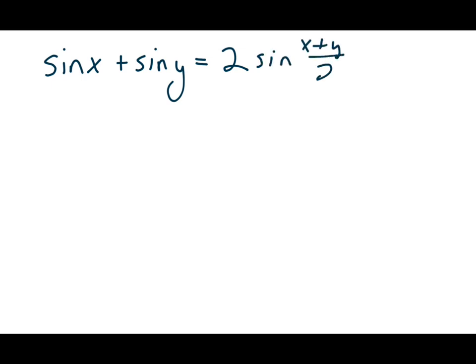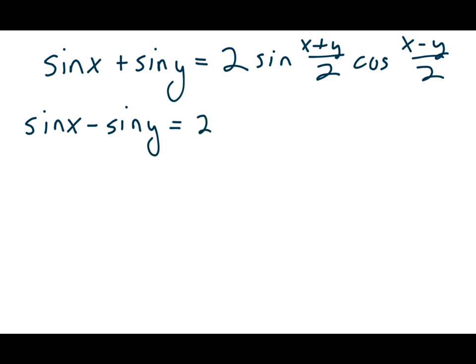So to go from something that's added together to something that's multiplied together, we have 2 times the sine of x plus y over 2 times cosine of x minus y over 2. It's kind of complicated. If you do it the same way for the other ones, for sine of x minus sine of y, you would have 2 cosine of x plus y over 2 sine of x minus y over 2.